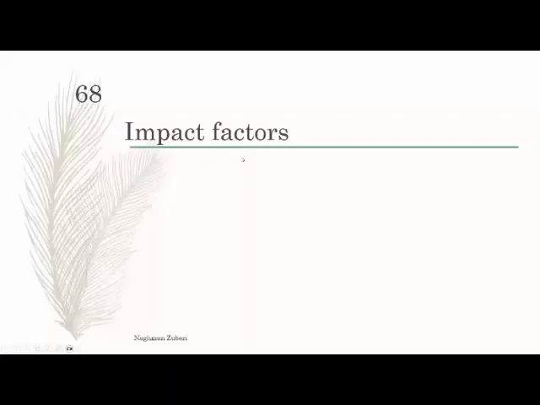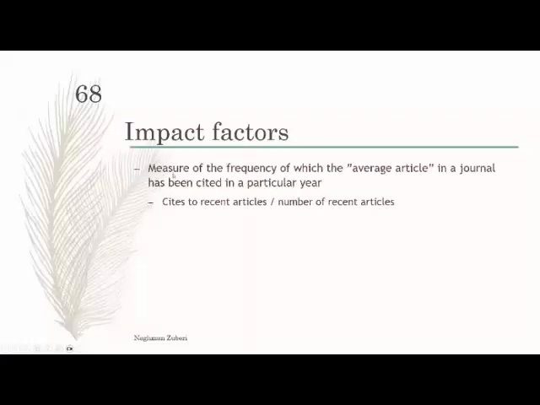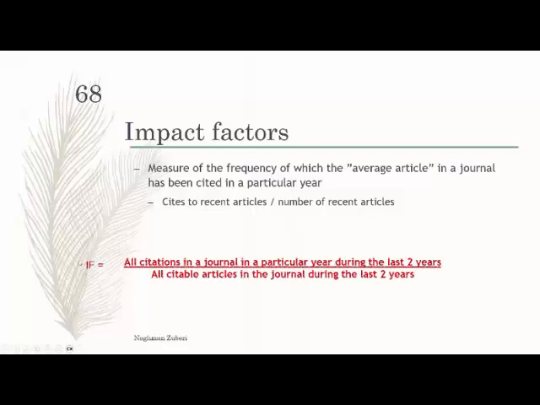Now, as I told you about the impact factors, what do they measure? A measure of the frequency with which the average article in a journal has been cited in a particular year. So how do we get that? Cites to recent articles divided by the number of recent articles. That is the impact factor.